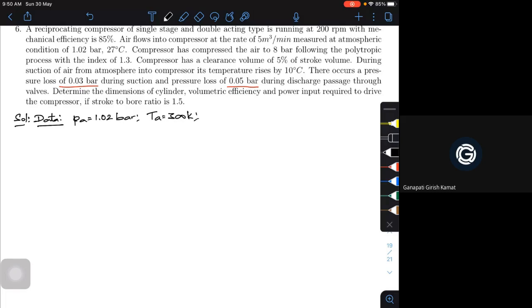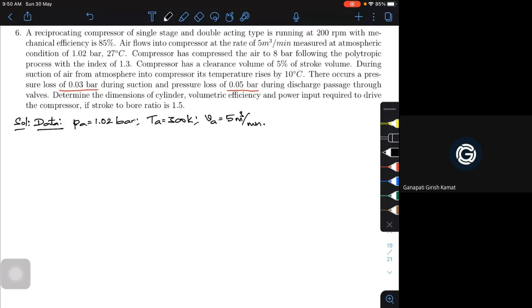Then the volume of the air, small VA, is 5 meter cube per minute. Now, what is the pressure at the suction? That value, P1, will be 1.02 minus 0.03 bar, which is 0.99 bar.